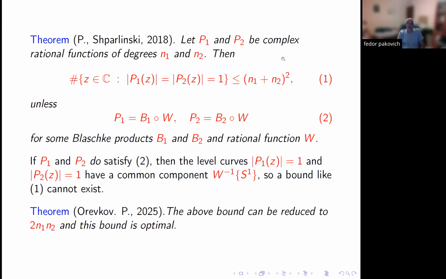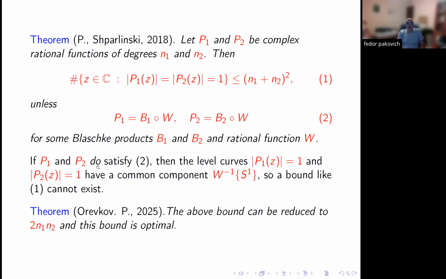With Igor Shparlinsky, we proved the following result. If we have two complex rational functions of degrees n1 and n2, then this number is bounded unless both these functions are a composition with some rational function, a common right factor, and some Blaschke products.